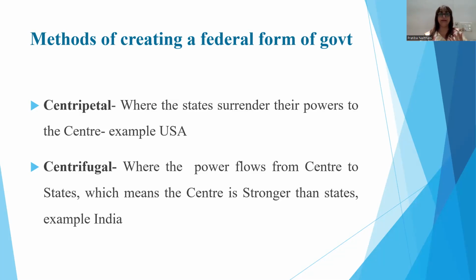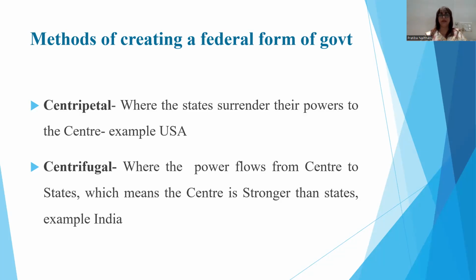These countries, which were in close vicinity with each other, were colonized by foreign powers. And they realized, why are we getting colonized by others? Because we are smaller powers, and individually we are not able to fight against the colonizer.